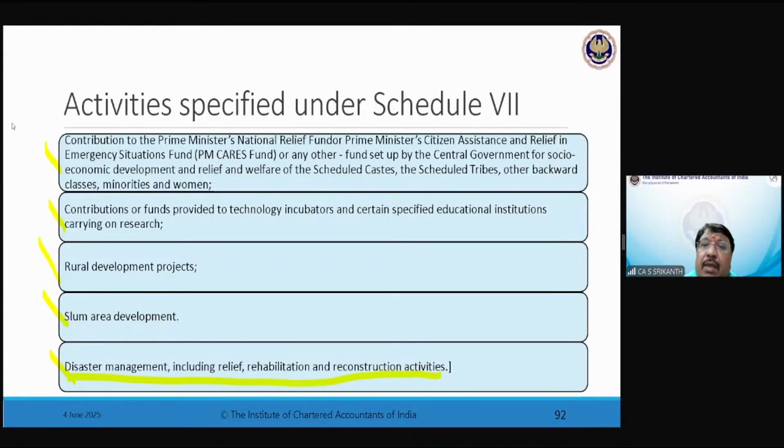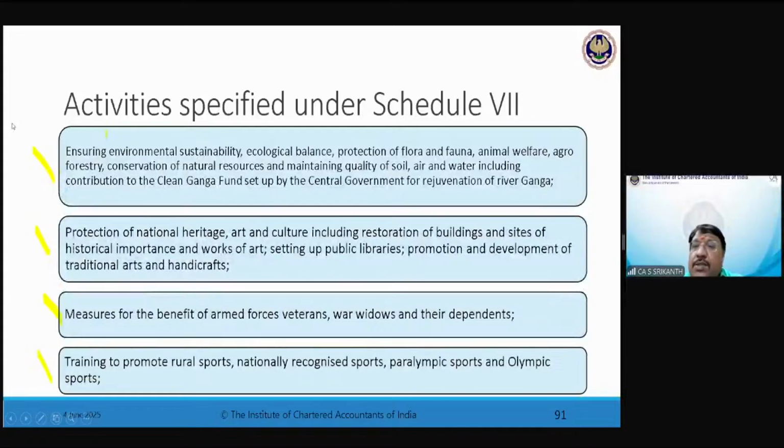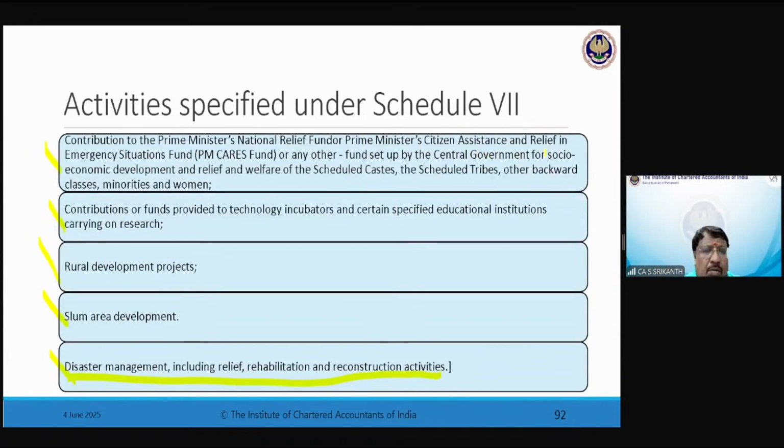There are many, many such things. Animal welfare. Once, one company was very insistent on a Gorakshan Sala. They were asking whether they could set up a Gorakshan Sala. So you can. It is CSR. You call it Gorakshan Sala, but basically it's animal welfare. The cow is also an animal.